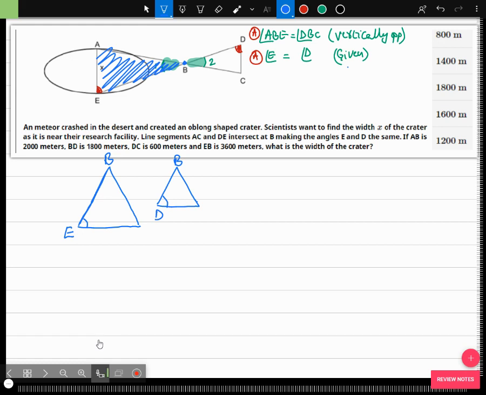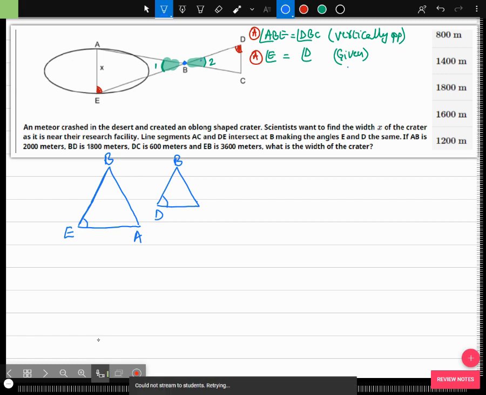Now, what is the third letter of this triangle? It is ABE, so A goes here. What is the third letter of the other triangle? It is BDC. Already have B and D, therefore the third one is C. This is the tricky part. Again, I am repeating: while labeling, you have to be utmost careful.